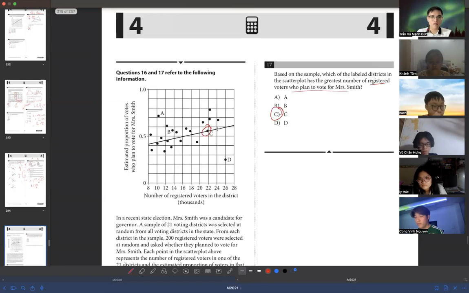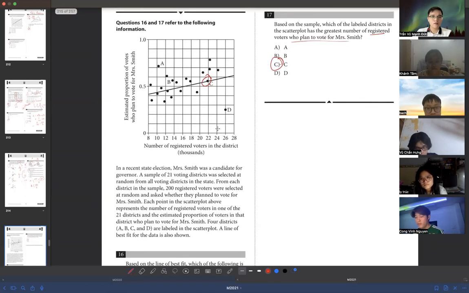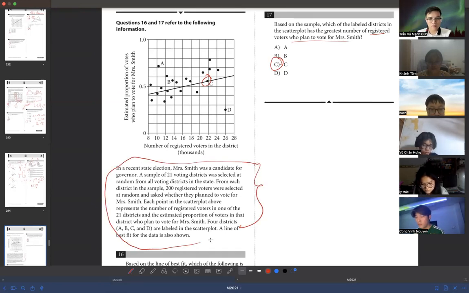In essence, when you find a very long, very complicated kind of SAT mathematics question, most of the time, if this part is just explaining what the values are, you don't really need to know it.